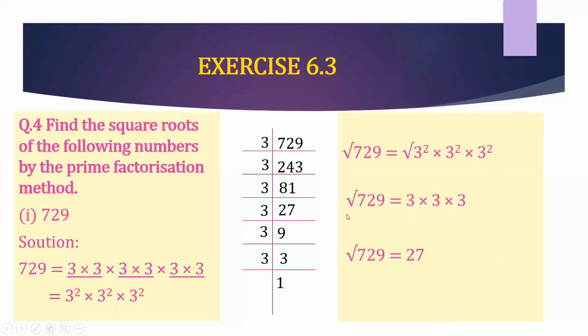Remember, you are not supposed to remove the sign of square root from the left hand side. You will remove the sign of square root as well as the powers. So you will write only the base over here, that is 3 into 3 into 3, and the product, or the answer, is 27. So we can say that square root of 729 is equal to 27.